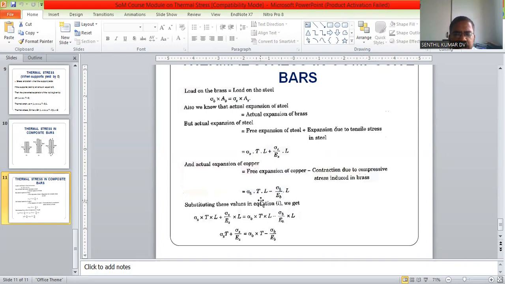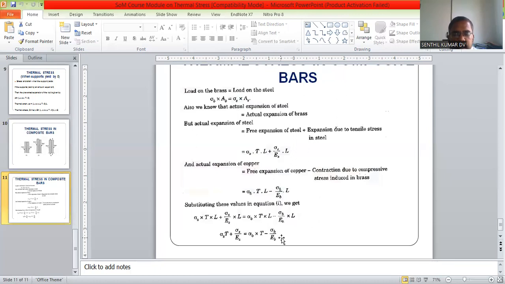So alpha B TB LB minus sigma B by EB into LB. As the final lengths should be equal, alpha S TS LS plus sigma S by ES into LS will be equal to alpha B TB LB minus sigma B by EB into LB. If the lengths of steel and brass are the same, the final equation will be alpha S T plus sigma S by ES is equal to alpha B T minus sigma B by EB.